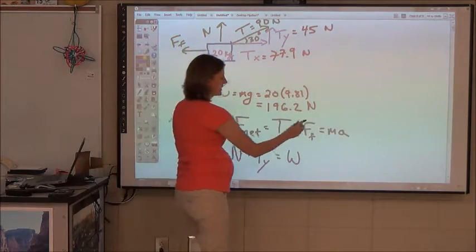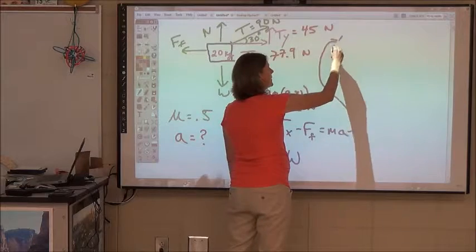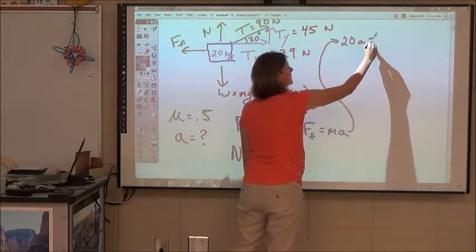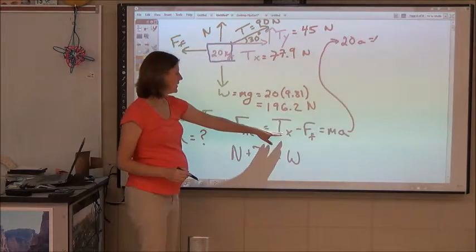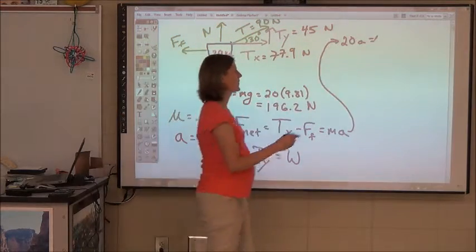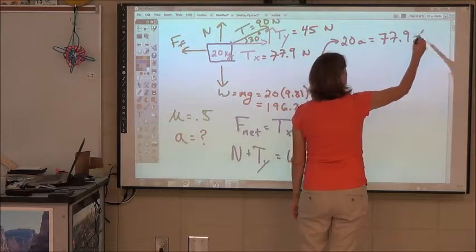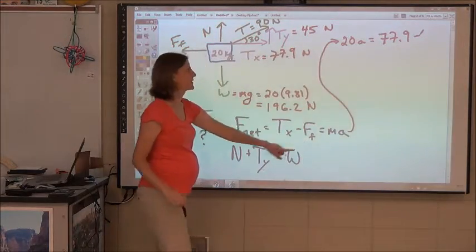So getting a little messy. I'm going to set this back up with numbers now. So m is 20 times a equals Tx, 77.9, minus friction.